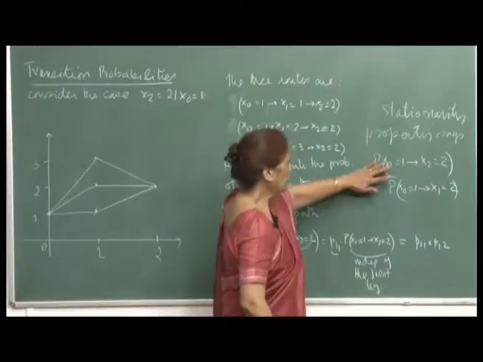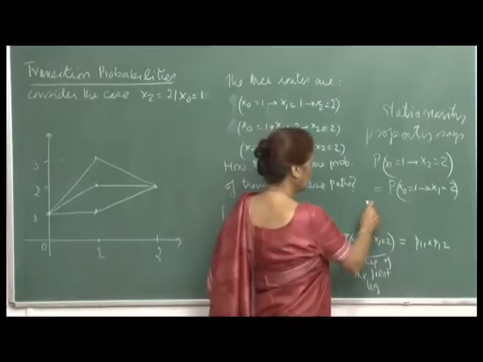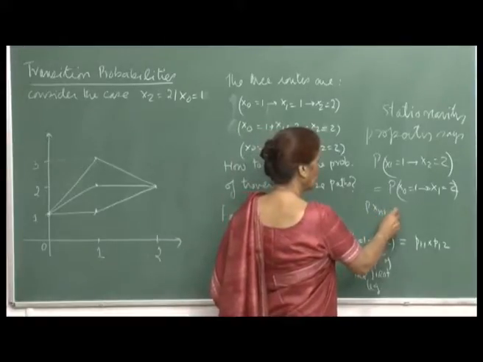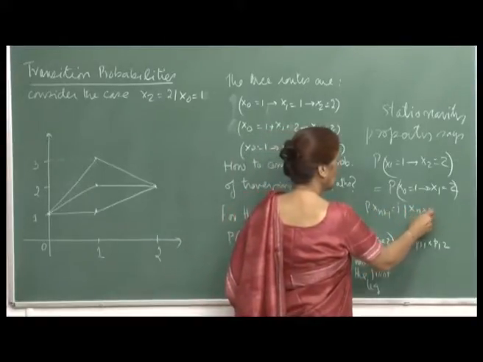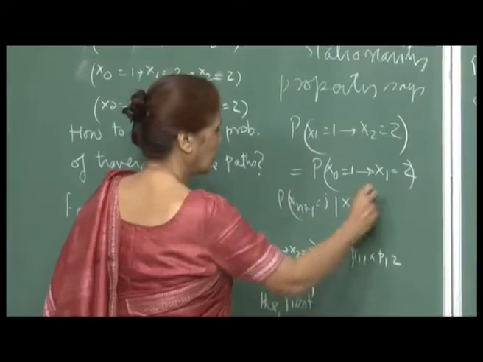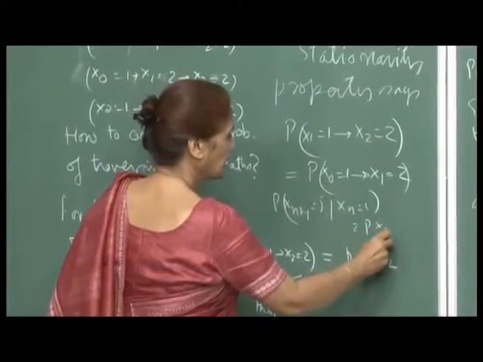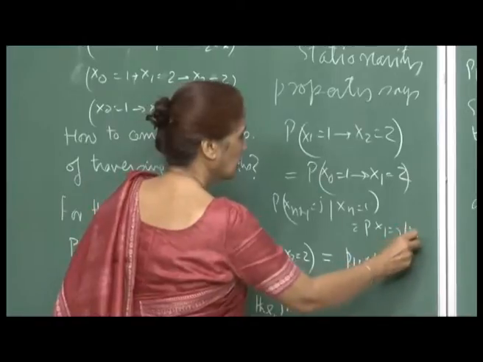Remember, stationarity says that the probability x(n+1) equal to j given x(n) equal to i is the same as the probability x1 equal to j given x0 equal to i.